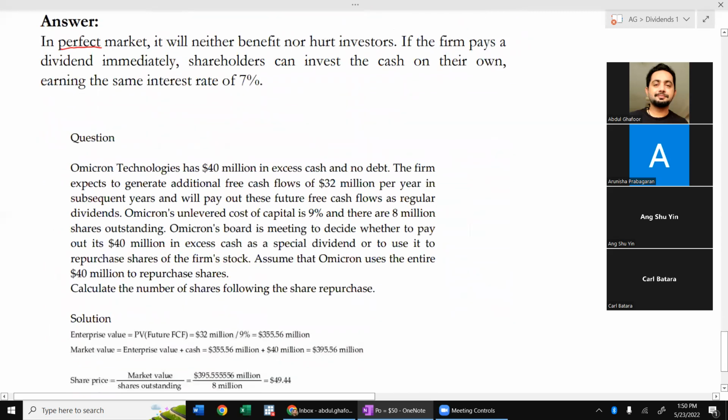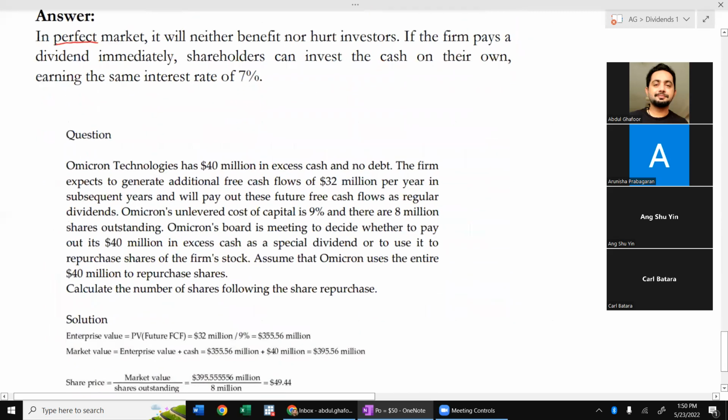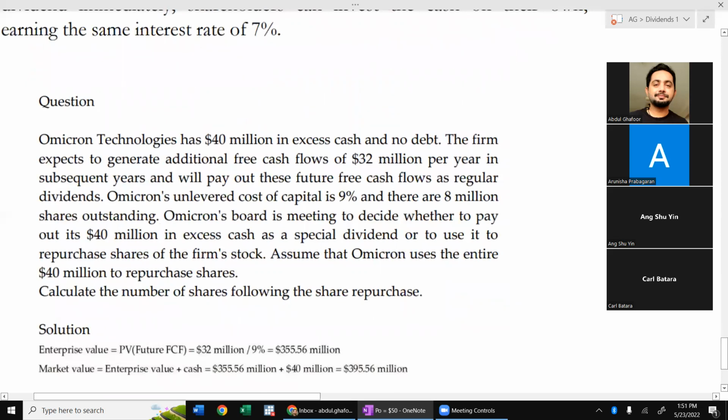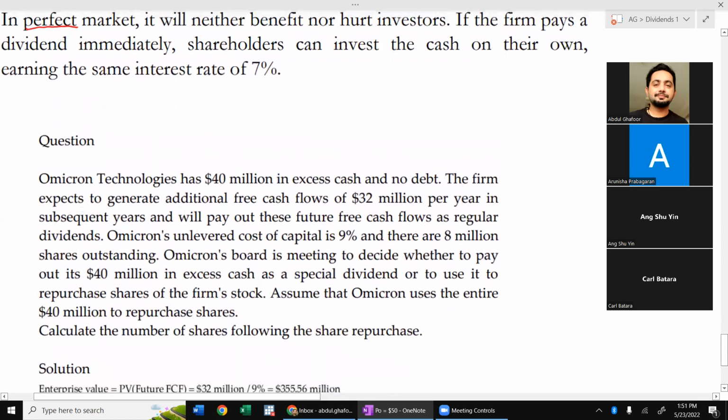Last question is, we will use a formula that I told you to get the answer. Omicron Technology has 40 million in excess cash and has no debt. We are not worried.